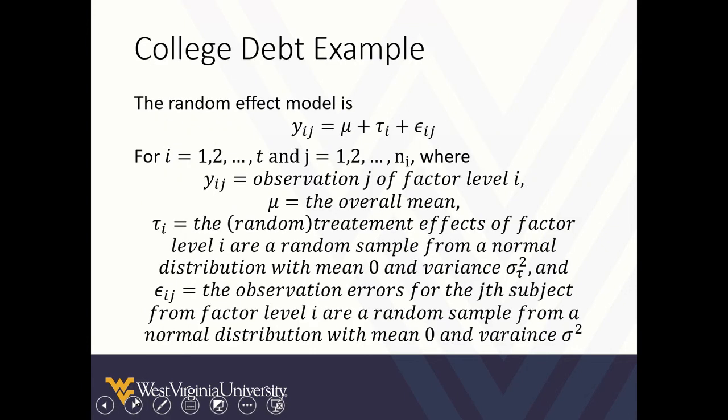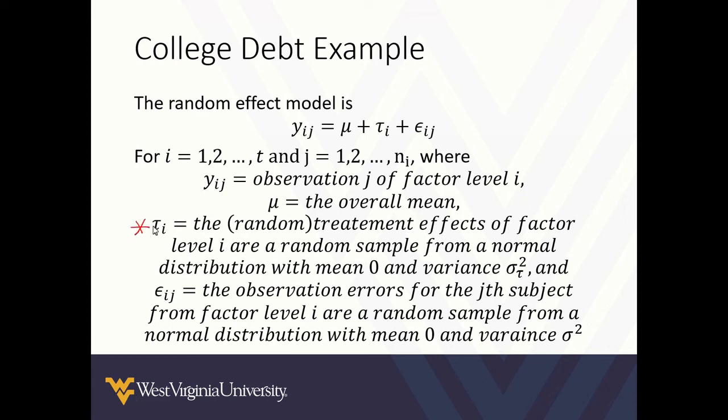And so using our college debt example, if we were setting up our random effects model, it would be Yij equals mu plus tau i plus epsilon ij for i equals 1 to t and j equals 1 to ni, where Yij is our observation j, factor level i, mu is the overall mean. So far all the same as you saw for the fixed effects model. Where we are going to see some difference is here.